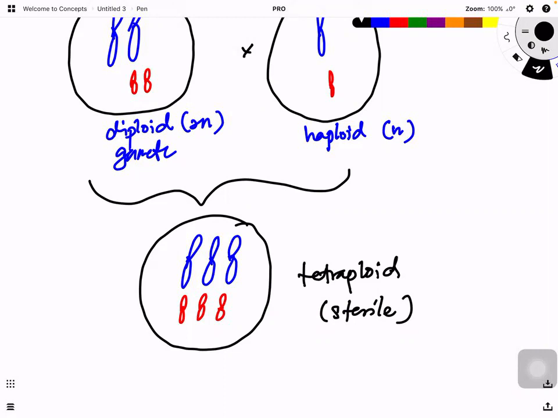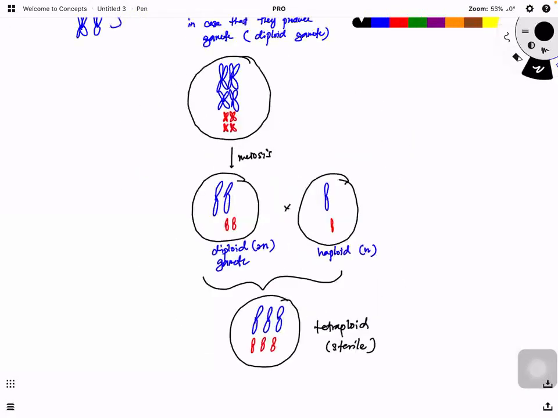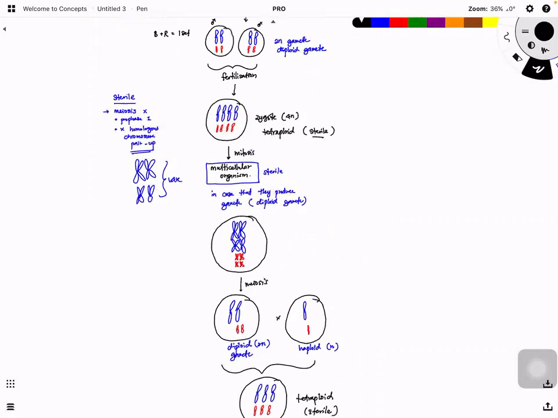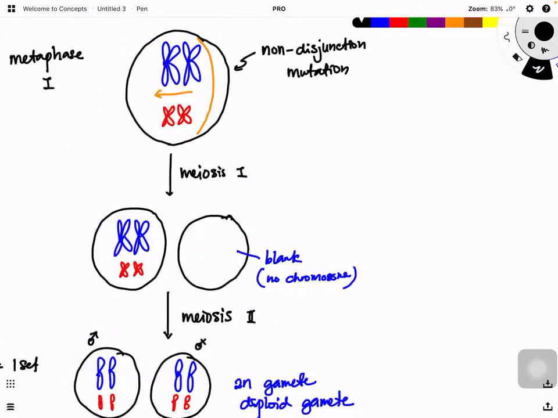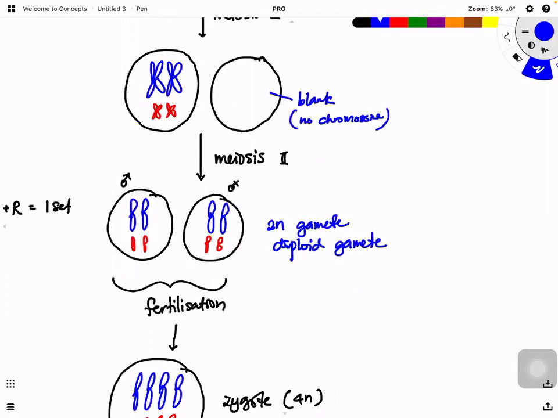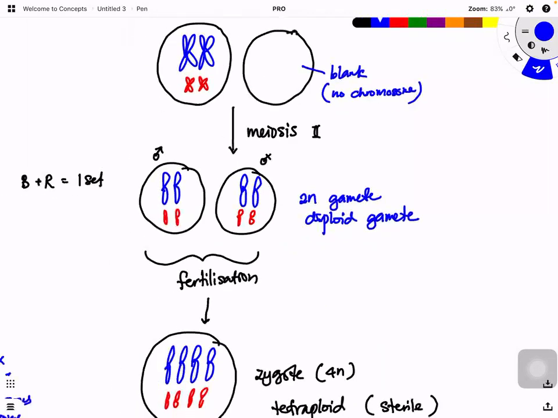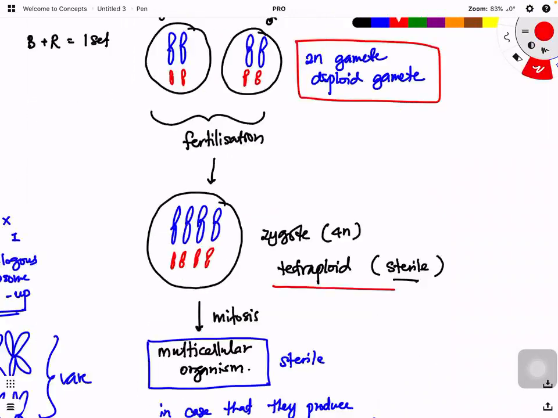So what I want to say here is, because of the non-disjunction mutation that takes place here, it can produce what we call the diploid gamete, the 2n gamete. So when 2n and 2n come together, we're going to get the tetraploid, which generally we say is sterile.